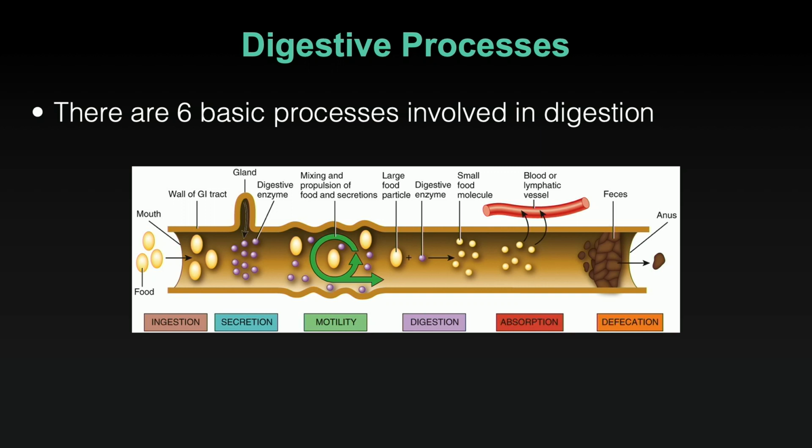Motility here describes the physical process of moving food through the digestive system. The physical mixing, churning, and then incremental movement of food through the system from one organ to the next until it's eliminated.